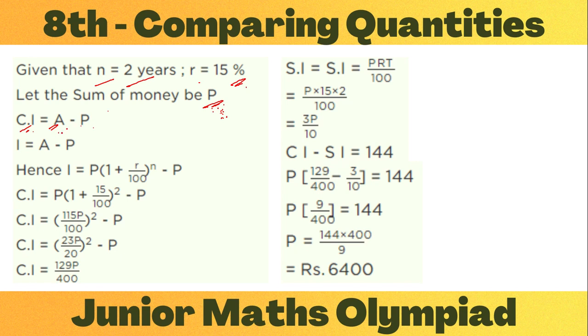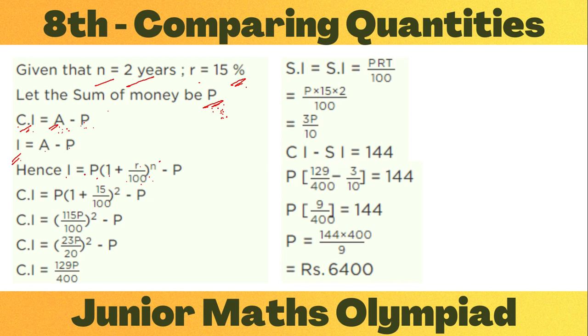After calculating the total amount including interest, if we remove the principal amount, the remaining amount is called compound interest. Let's take I for compound interest, which is equal to A minus P. But what is the formula for amount? P into 1 plus R by 100 whole power N, as per the compound interest formula.